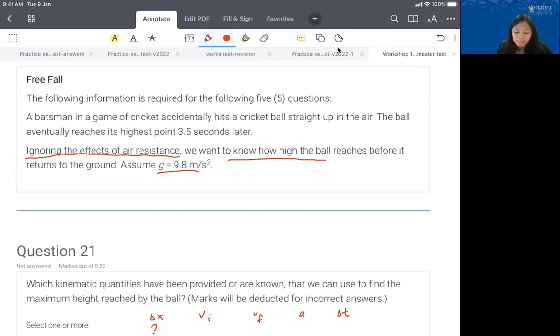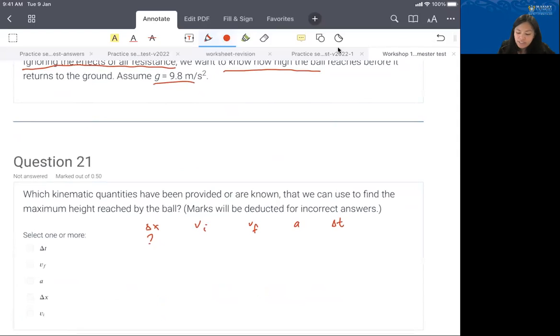It says the batsman hit the ball, so the ball had an initial velocity because it was hit. It was not dropped. It was hit by a bat. So it should have an initial velocity, but the problem did not give any initial velocity.